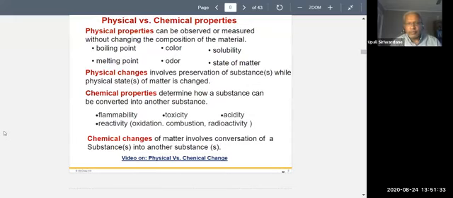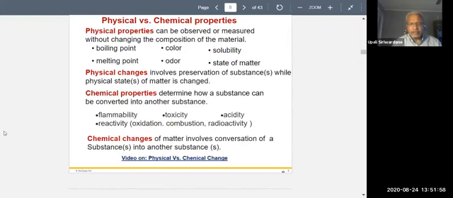During measurement of physical properties, the matter is not changed. For example, if you observe water freezing, the water molecules don't change, only they become closer to each other, become solid.